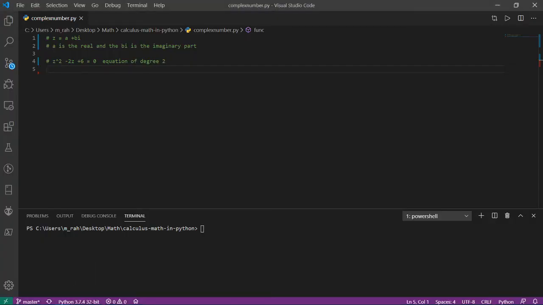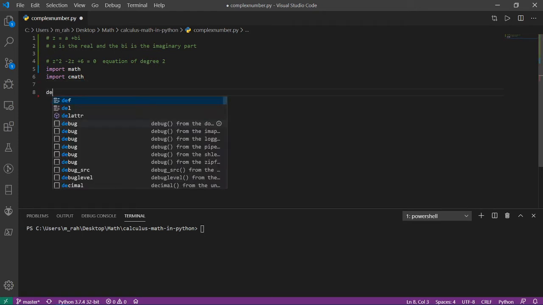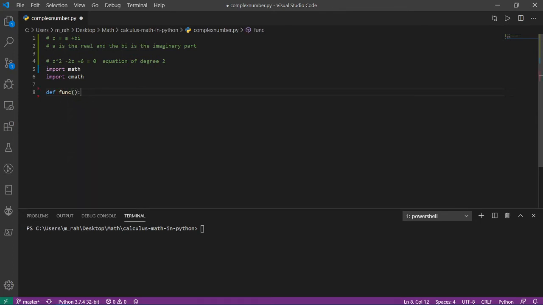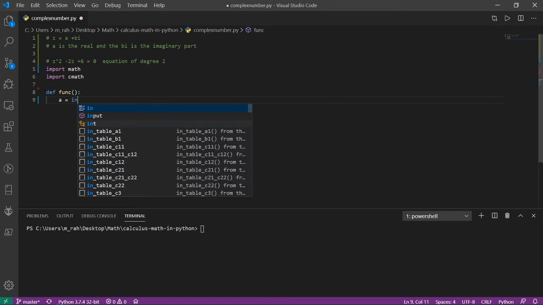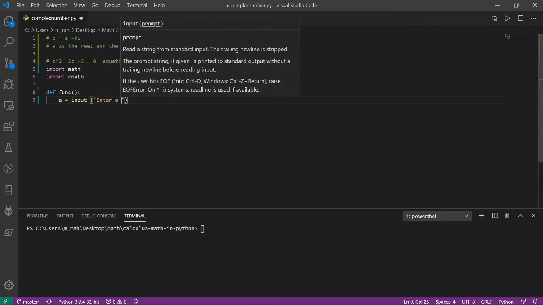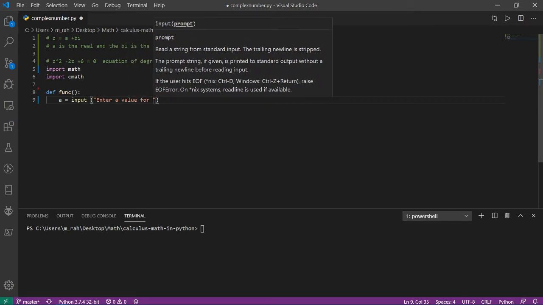We are going to import some packages. We are going to import math and import cmath. Then we define a function. I just call it func, but you can call it what you want. Then I take an input from the user for a: enter value for a.